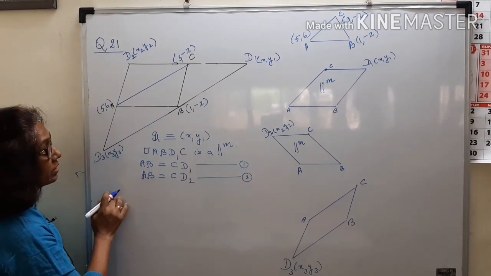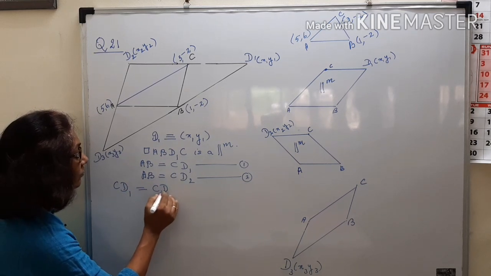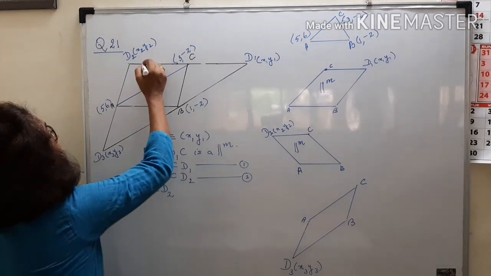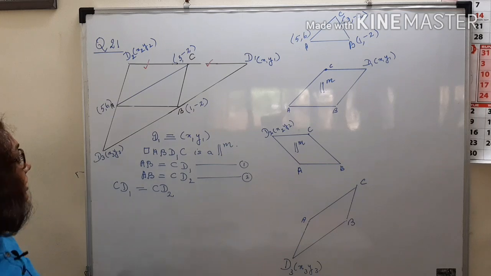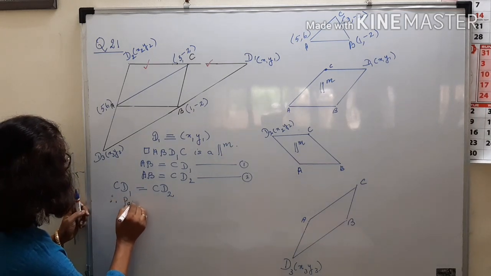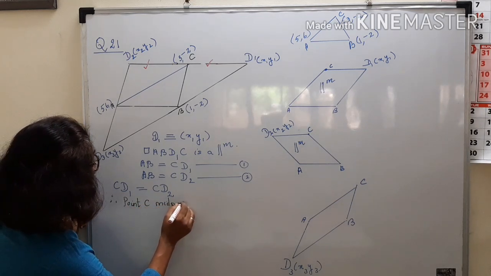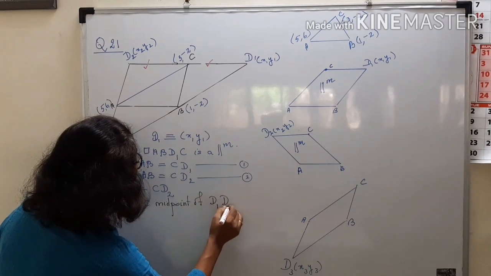From these two statements, we conclude that CD1 is equal to CD2. Therefore, these two segments are congruent. What does that mean? Therefore, point C is the midpoint of D1, D2.